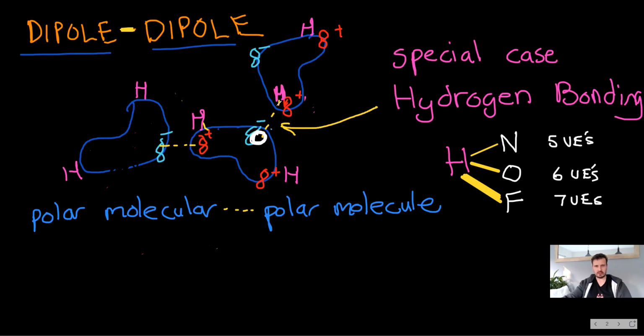Okay, and so the H and the O bond together much more strongly than a normal dipole-dipole bond. So a hydrogen bond is a dipole-dipole bond, but it is an especially strong one because of the number of valence electrons, so it can make multiple bonds. And that means that water has special properties.